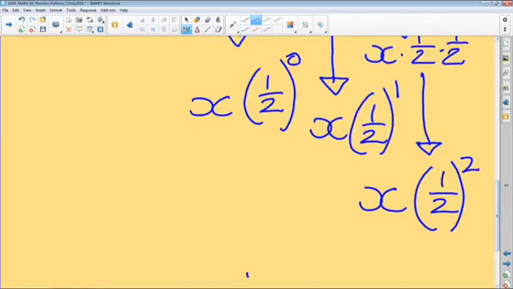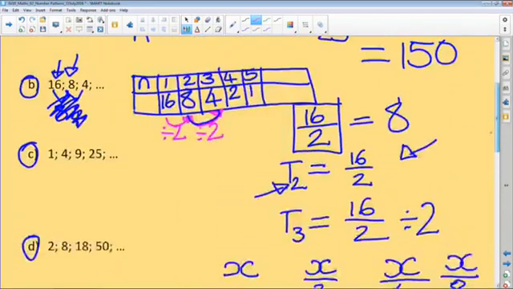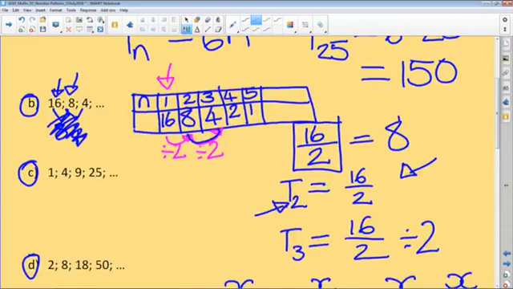Did you notice that each one of these exponents is one more? Now we have a fancy way of getting this right in maths. What we'd rather write is x times 1 over 2 to the power of n minus 1. And the reason I've done n minus 1 is because n was 1 in the first term, 2 in the second term, but when we do the exponents, it's a half to the power of 0 for the first term, and a half to the power of 1 in the second term.